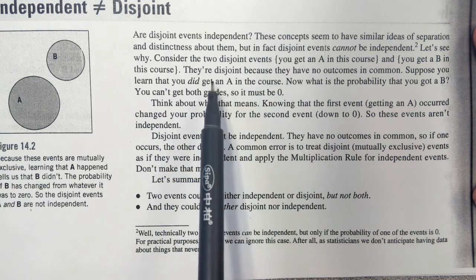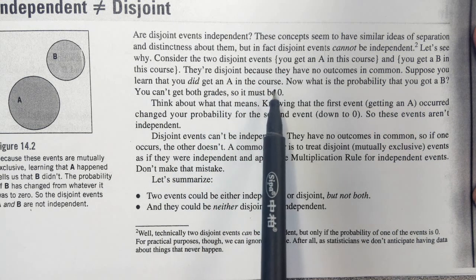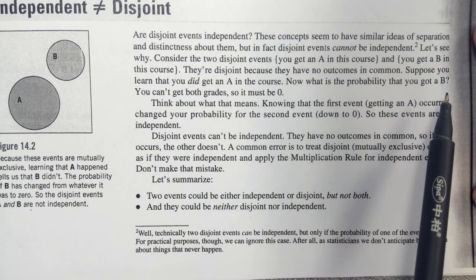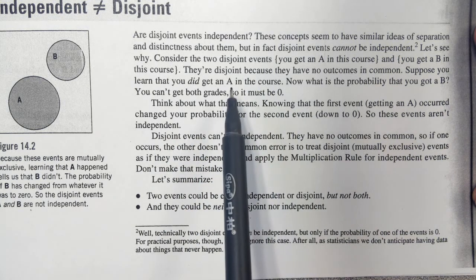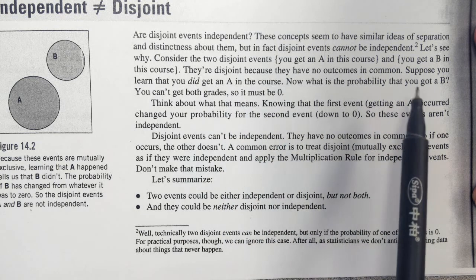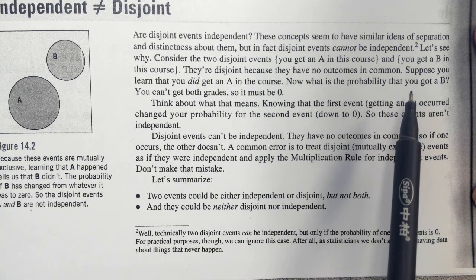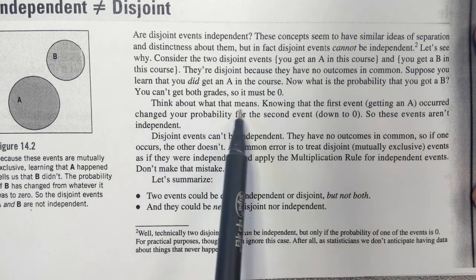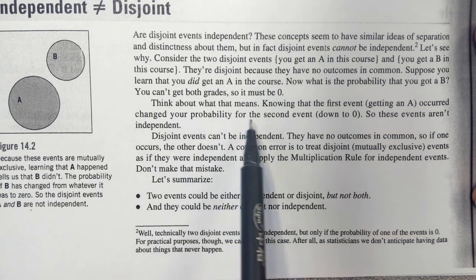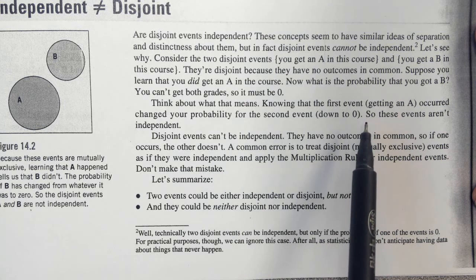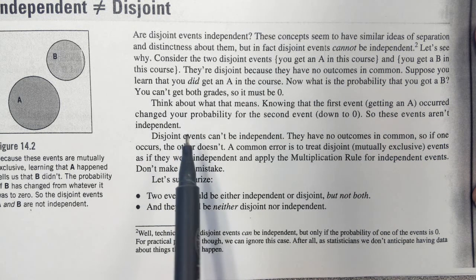Suppose you learn that you did get an A in the course. Now what is the probability that you got a B? You can't get both grades, so it must be 0. So getting an A changes the probability of B to 0. Think about what that means. Knowing that the first event, getting an A, occurred changed your probability for the second event down to 0. So these events are not independent.